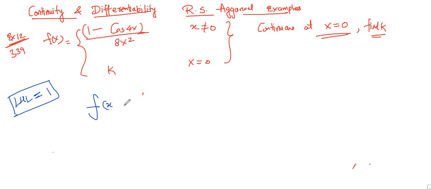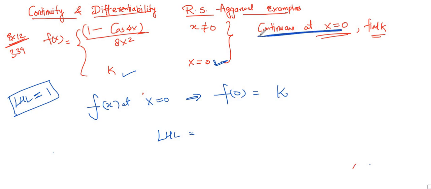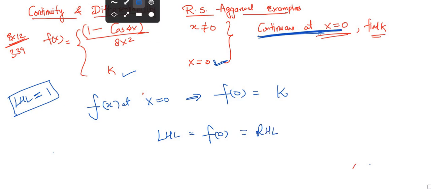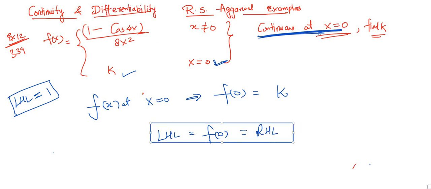Function value at x is equal to 0. So what it will be? F of 0. So f of 0 is given. When x is 0, the value is k. So can I say if it is continuous at x is equal to 0, LHL is equal to f0 is equal to RHL? These three values are equal if it is continuous.